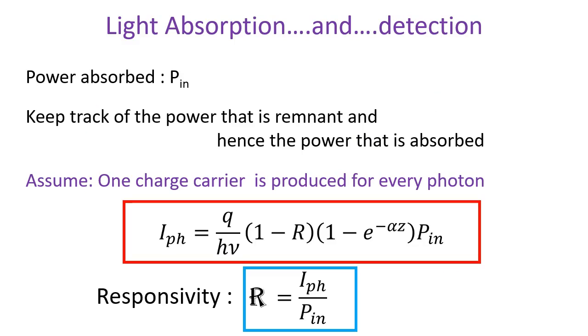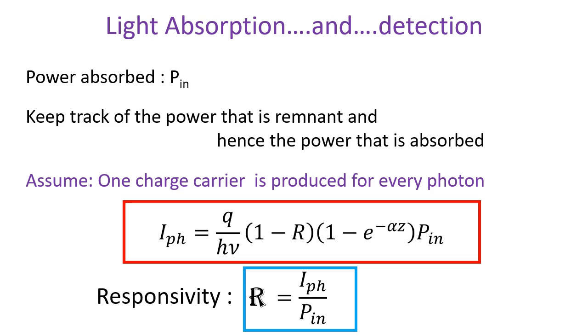So now let us look at the process of light absorption and detection. What we have is a power that is input. I'm calling that P in. Now this power falls on the detector. There is a finite volume of the detector through which the power or the signal needs to propagate before it is absorbed completely.